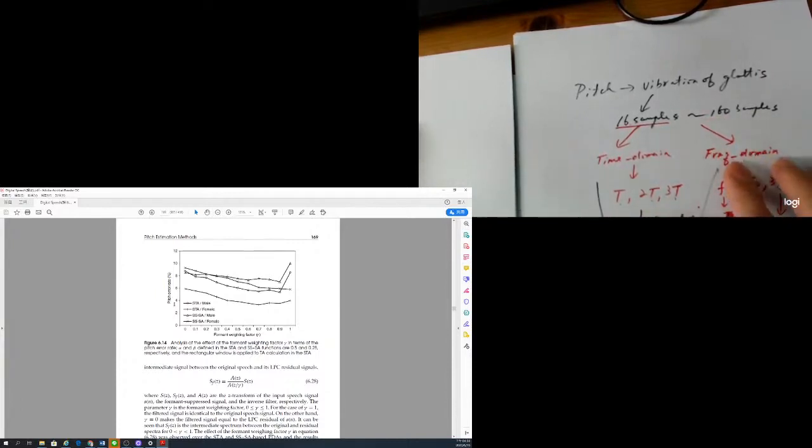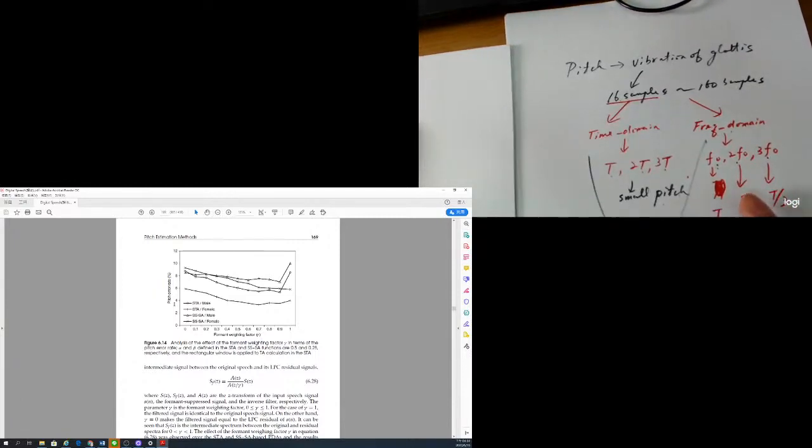In the frequency domain, we transform the waveform to the frequency domain and find the pitch based on that. Under that condition, you will find the fundamental frequency F0, or sometimes you will find 2F0 or 3F0. 2F0 is related to your pitch over 2, half of the pitch, and 3F0 to 1/3 of the pitch. So you can see the two different approaches have some issues there.